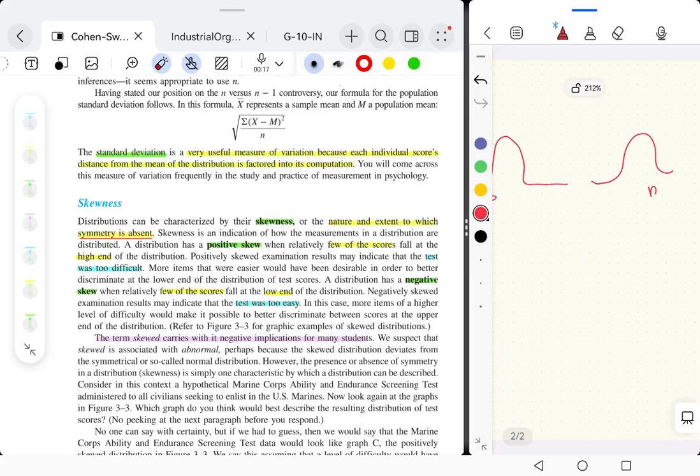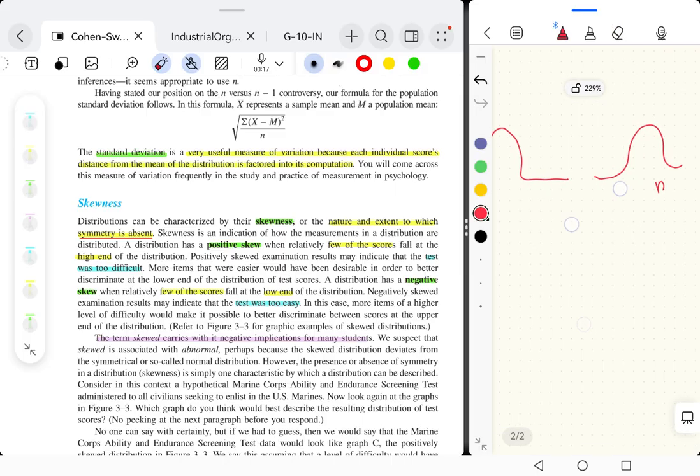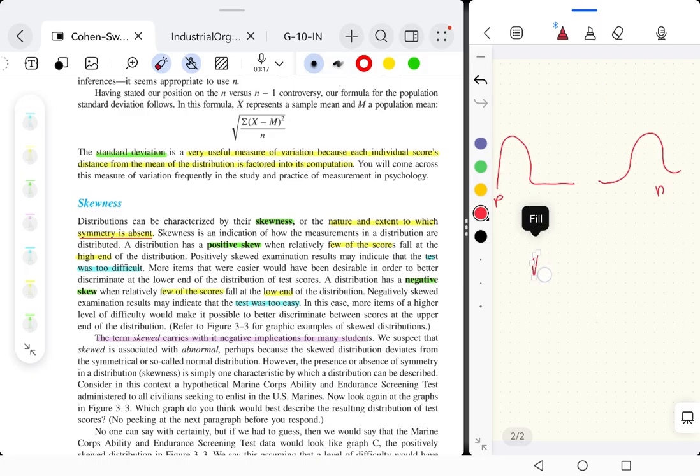How do you know if it's positive or negative? Well, that's very simple. First, take a look at your toes. Take a look at your feet. Your big toe is on the left side, right? When you look at your right foot, that means a positive skew, while on your left foot, your big toe is in the opposite direction, to the right.